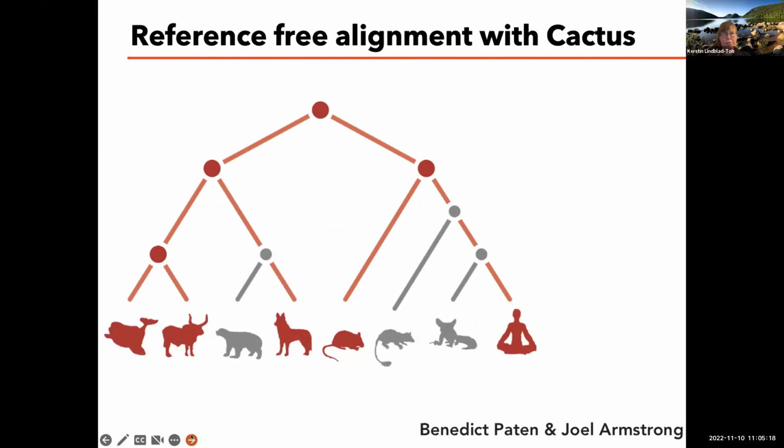Cactus is really good because it's a reference-free alignment. That means that you can take 2 nearby species, such as human and chimp, and align them and deduce their common ancestor genome. And then you can continue to add additional genomes until you reconstruct the whole data set.